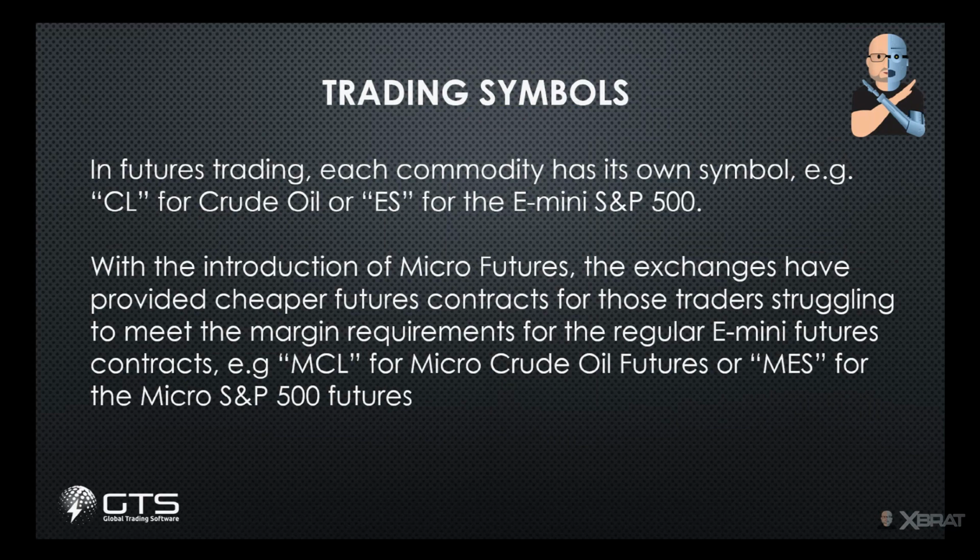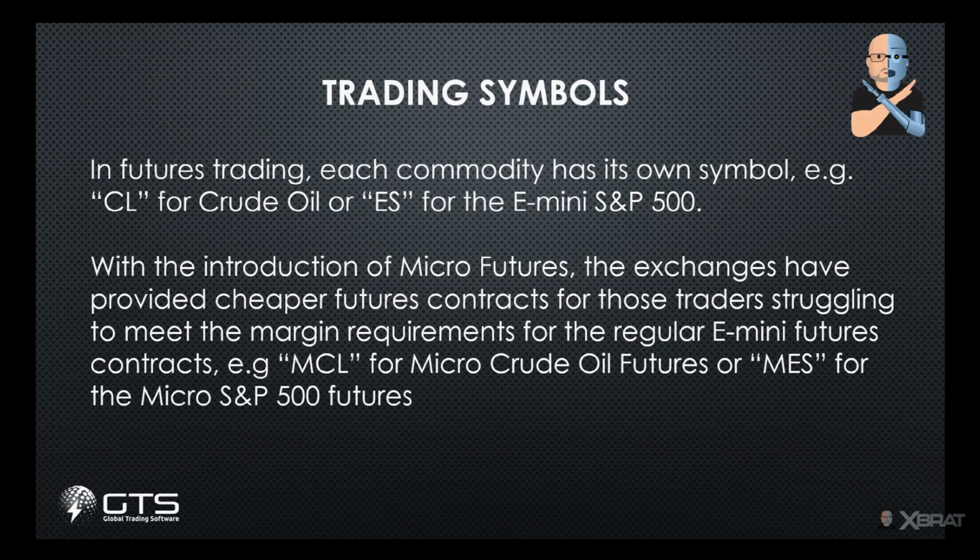So trading symbols. In futures trading, each commodity has its own symbol. For example, CL, which we've used in these examples, for crude oil, or ES for the E-mini S&P 500. With the introduction of micro futures, the exchanges have provided cheaper futures contracts for those traders struggling to meet the margin requirements for the regular E-mini futures.